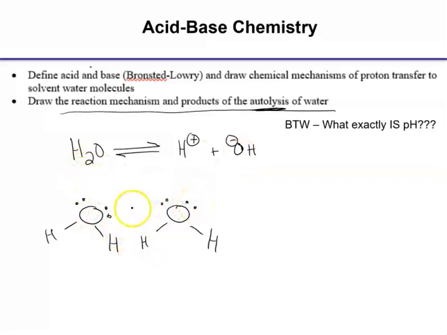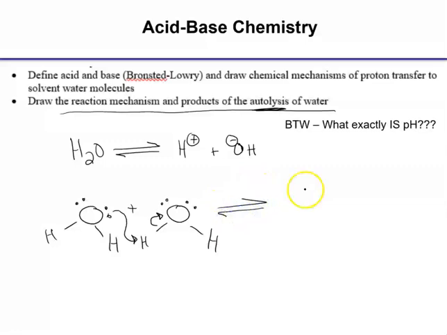So if we add these two water molecules together, you will see that we can have the electrons here rob away that hydrogen, and then the electrons from this bond fall back to the oxygen, and this is a reversible reaction.